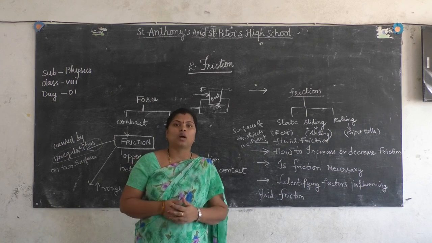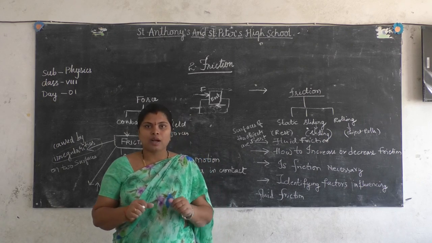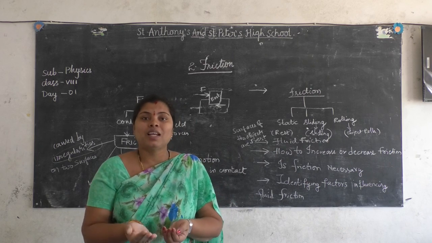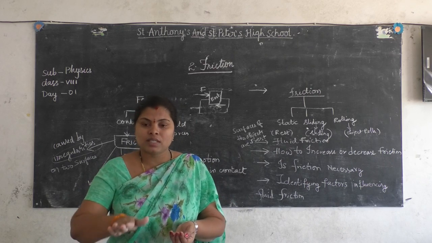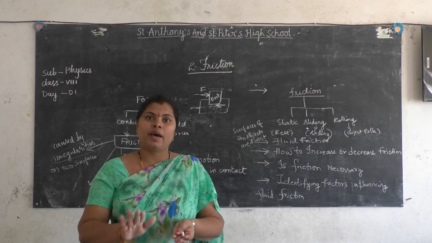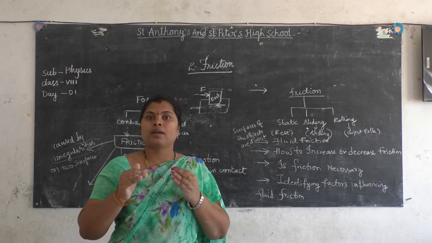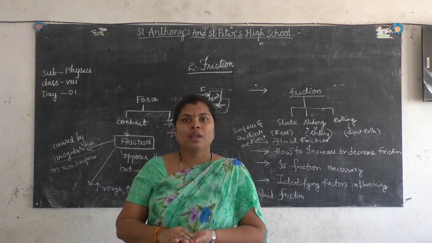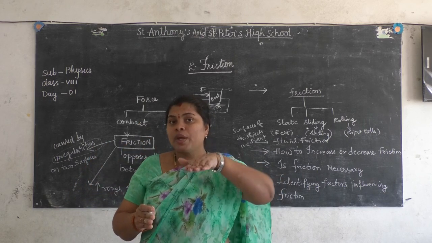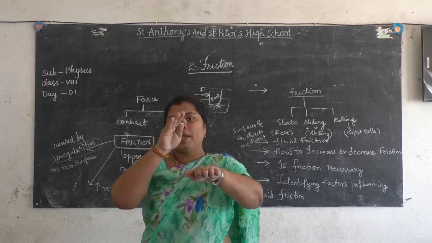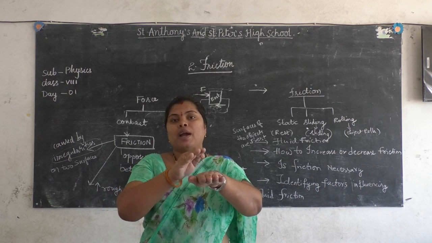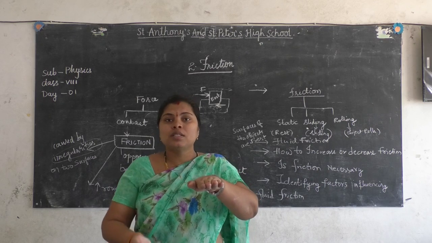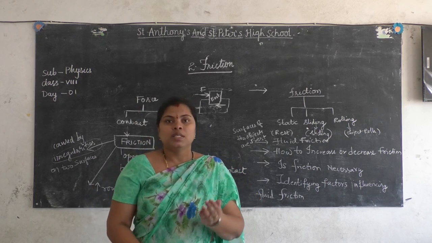Let me take my car. I am moving in my car on the road. The tires of my car and the surface of the road are in physical contact, and the car started moving in the forward direction. When my car started moving forward, the motion of my car is opposed by the surface of the road.